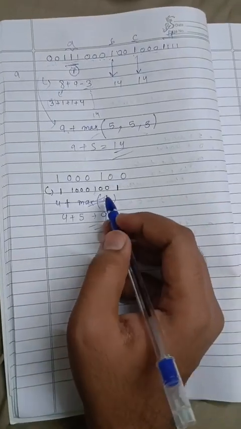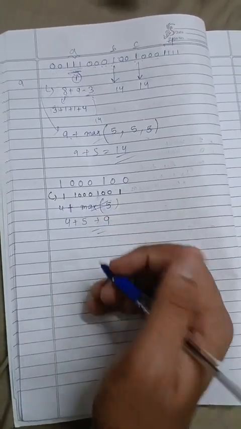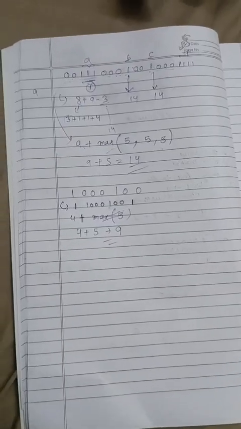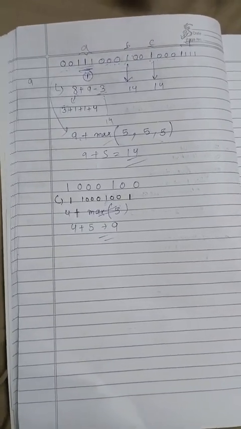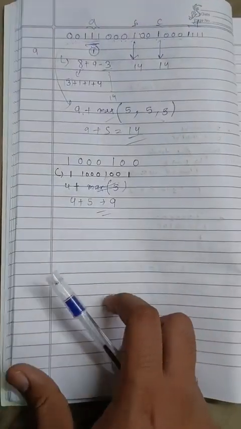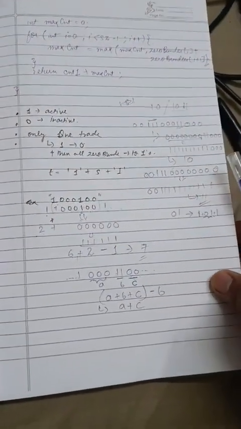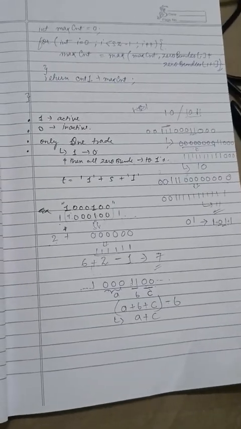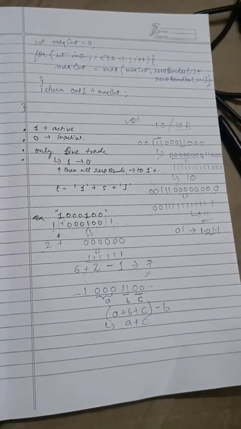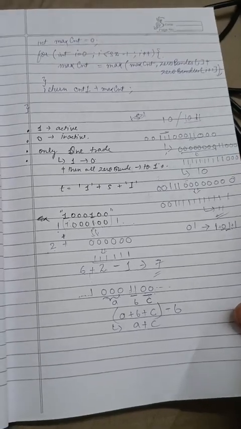Since there is only one pair of adjacent zero bundles. I hope you get my point, what I'm trying to say.